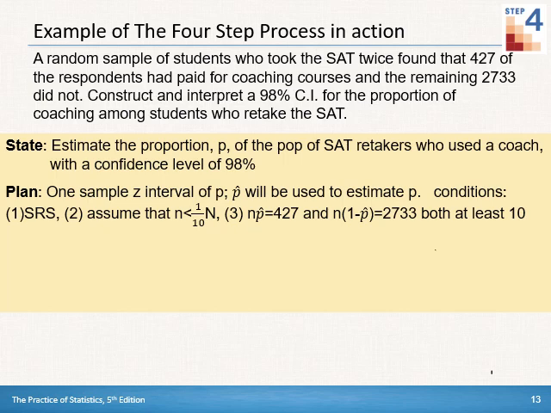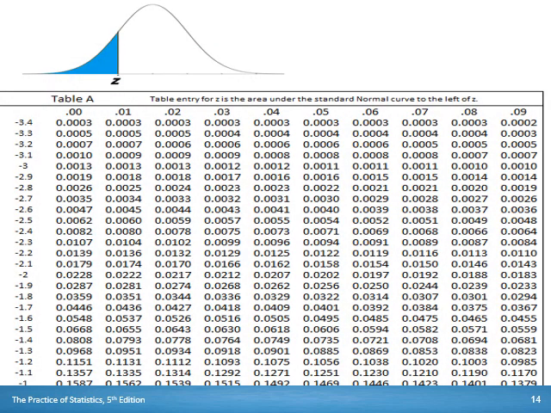All right, so now we can go on to our do. First thing we want to do is calculate our P hat, our point estimate. And then we need to calculate our critical Z value. Remember, we're doing a 98% confidence interval. So that's 98% under the curve. How much is in the tail? That's 2%. And then how much is in each tail? 1%. So we are looking for 0.01.